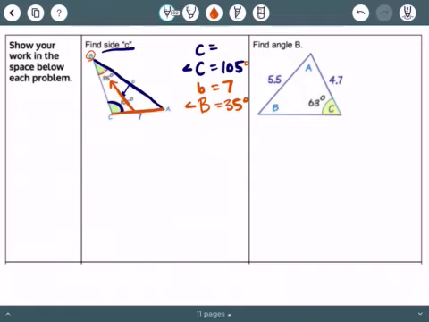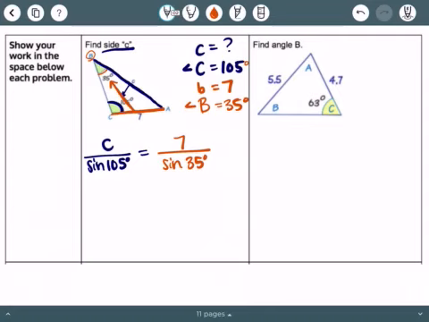Try not to forget. So this is what I want to know right here. So I'm going to set that on top. So I'm going to put C on top, because that's what I want to know, over sine 105, like that. And it's going to be equal to my other one, my B proportion. I have my sides on top, so I'm going to have 7 on top, and sine 35 degrees on bottom.